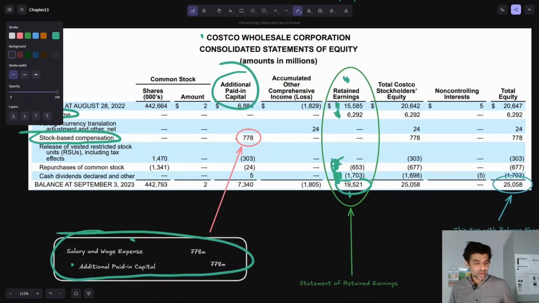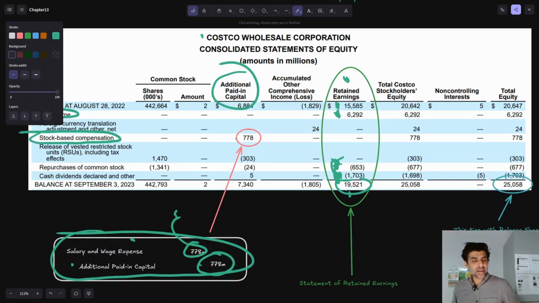So you can think of this as the value of the labor that the employee has given. Instead of paying them with cash, the company has compensated them with stock. And so this is the value that the employee has paid into the company, right? They've contributed their labor worth 778 million, and in compensation for that, they're getting stock in the company.